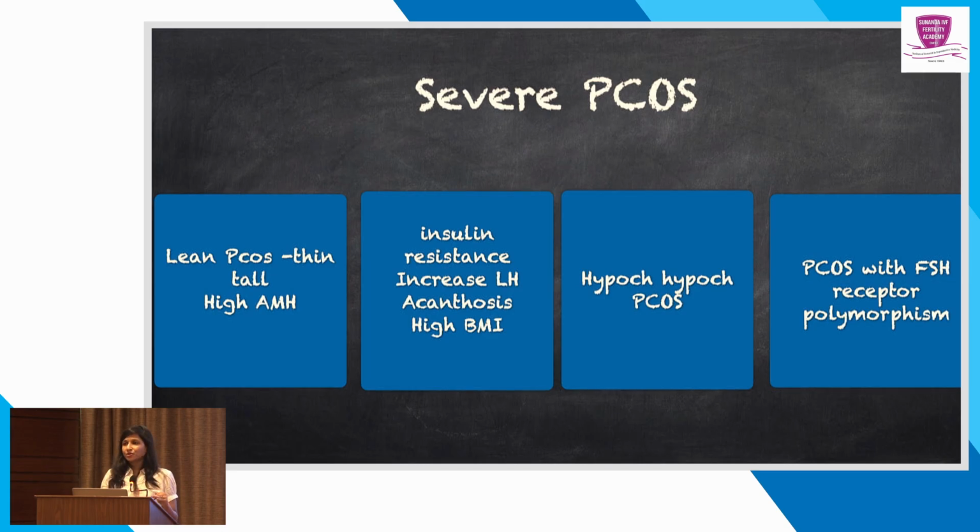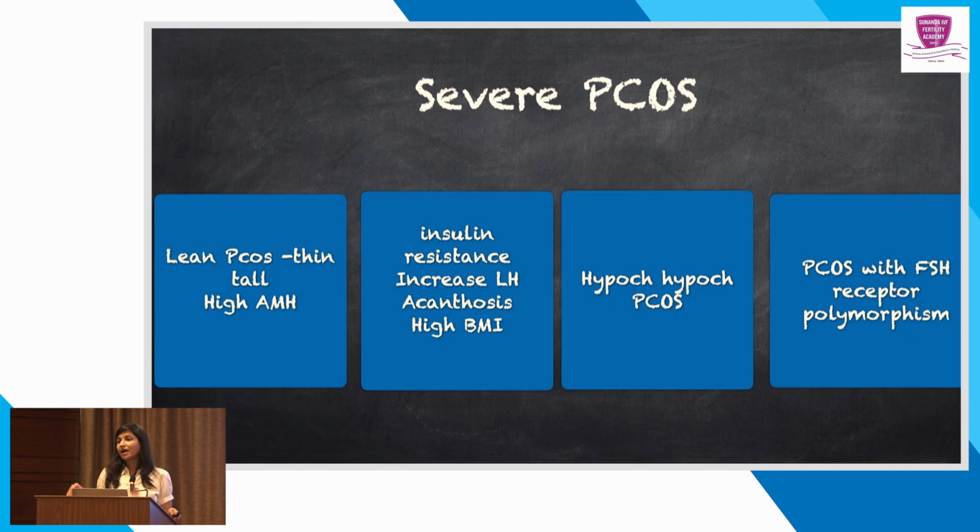But in severe PCOS also, when we categorize, one is this lean PCOS, a thin and tall girl with high AMH. Now this PCOS lady has attained her menarche late compared to her colleagues, like at the age of 13 years, or delayed menarche is there, and maybe it could be a nutritional problem, or because of her genetic hit which we just discussed, and she now has lean PCOS.